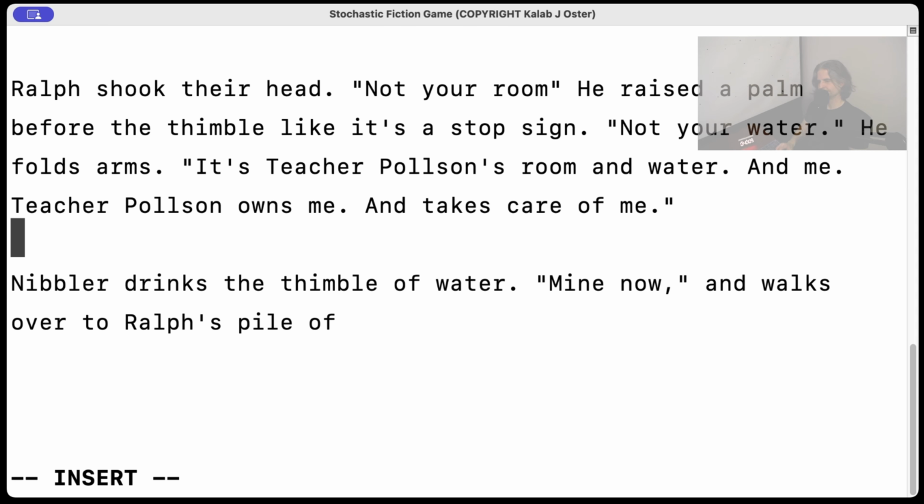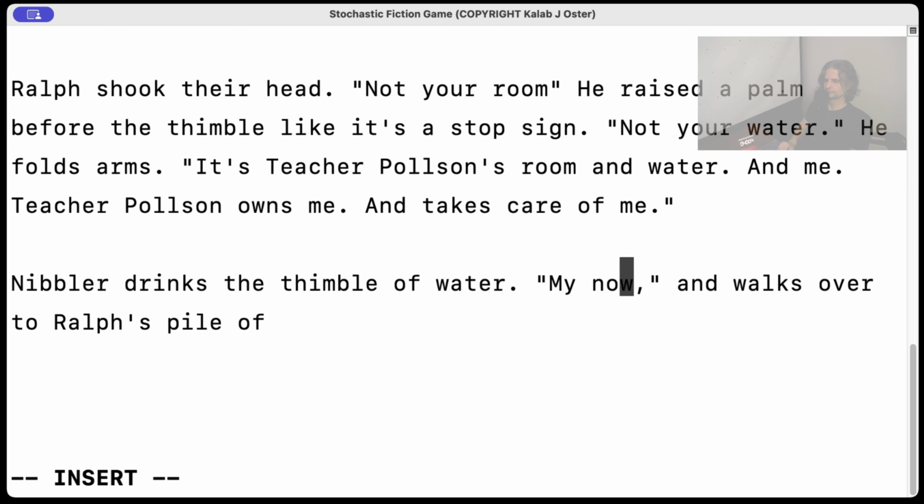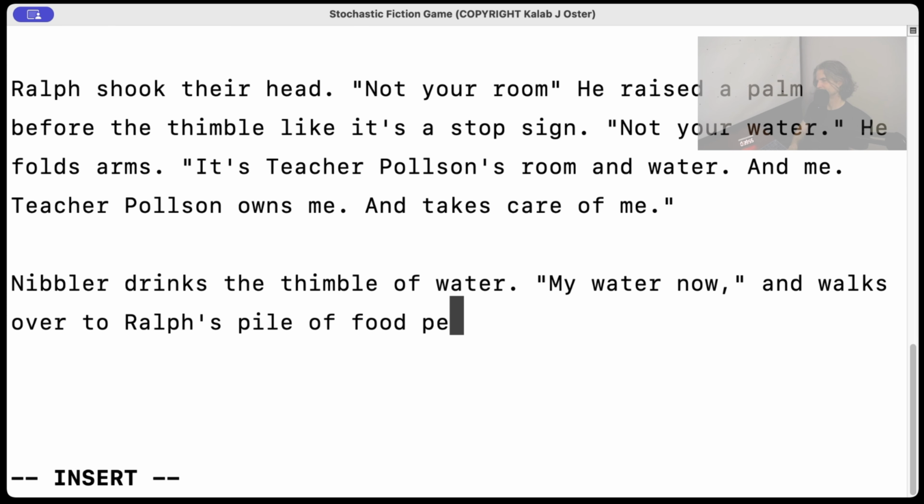My water now. Of food pellets. It nibbles. I think I gotta have the urination, like the spreading of.